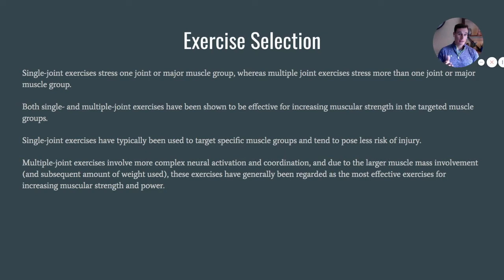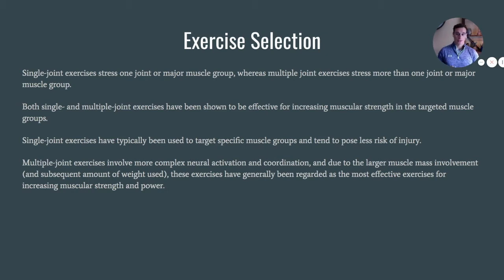Obviously within that, exercise selection is a key thing. Single joint exercises stress one joint or major muscle group, whereas multiple joint exercises stress more than one joint or major muscle group. Nice and self-explanatory. Both single and multiple joint exercises have been shown to be effective for increasing muscular strength in the targeted muscle groups.